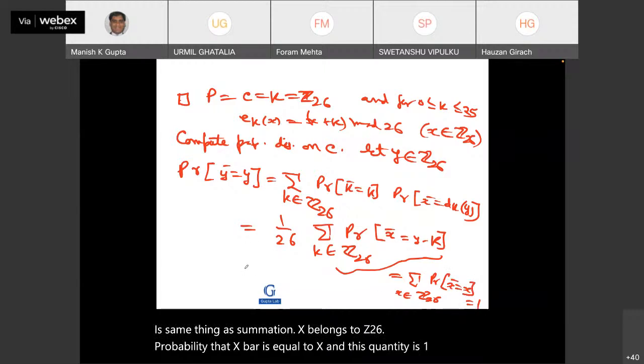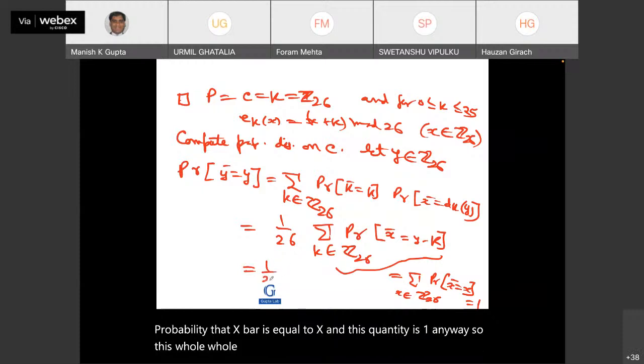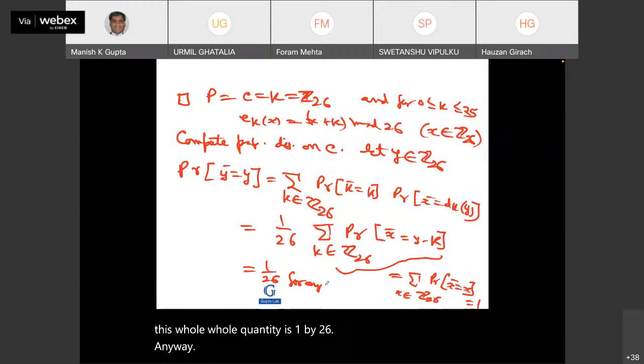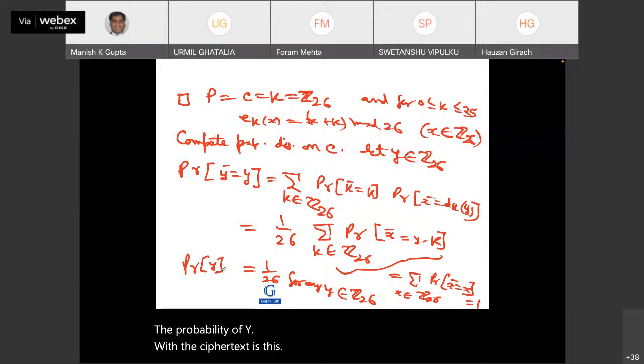So this whole overall quantity is 1 by 26 for any y in Z26. So that means this is the probability of y, or the ciphertext.